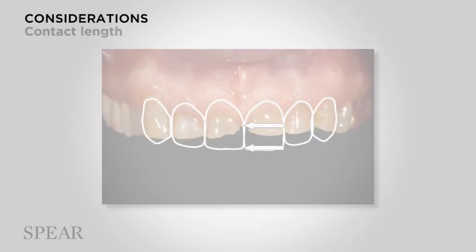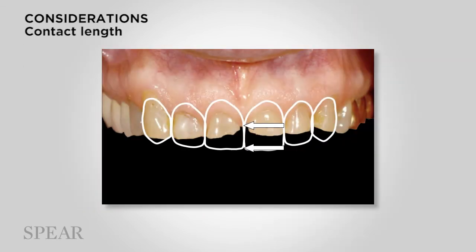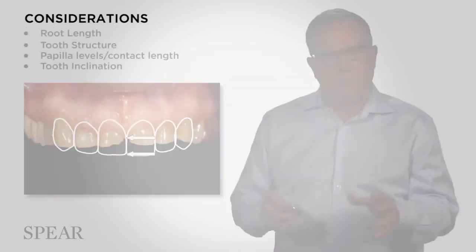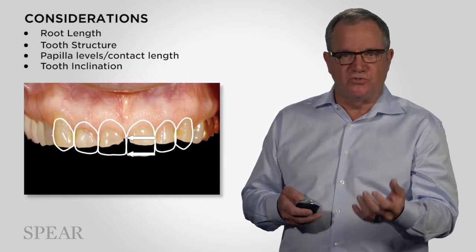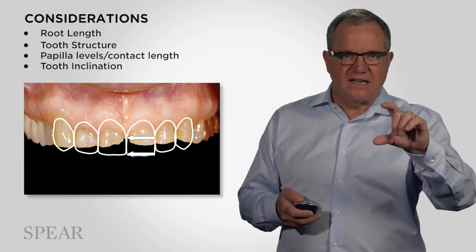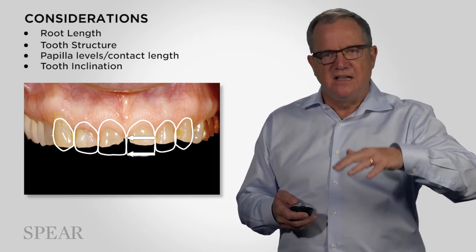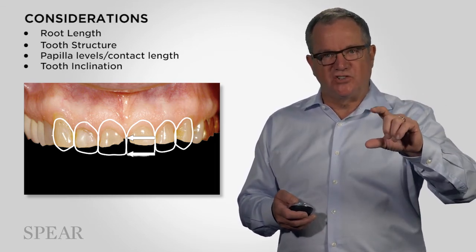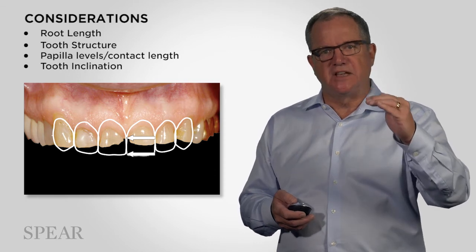Now, papilla levels and contact length. Actually, the papilla height between his centrals is quite good. And one of the consequences of intrusion is as you do intrude teeth, if they have a nice contact length to start, as you intrude them, the contact actually gets longer because the papilla moves apically.